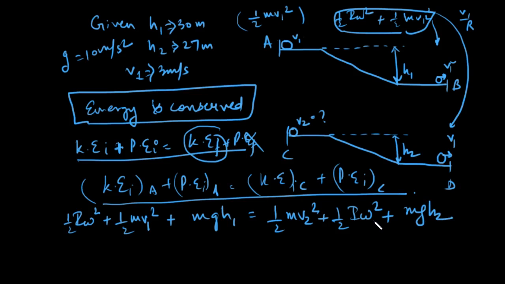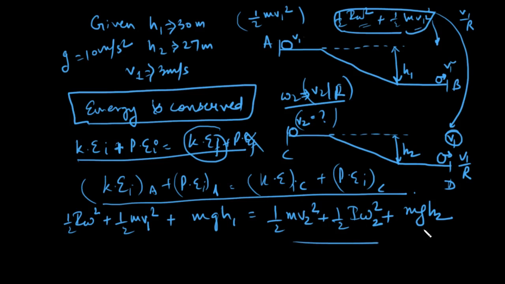Here you see omega has changed now. Initially the velocity was v2, finally velocity was v1. Hence initially omega 2 would be v2 by r, because v equals r cross omega, as we know. But in the final point D, omega would be equal to v1 by r. So it would make the rotational kinetic energy also the same.